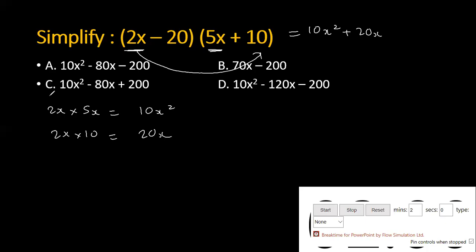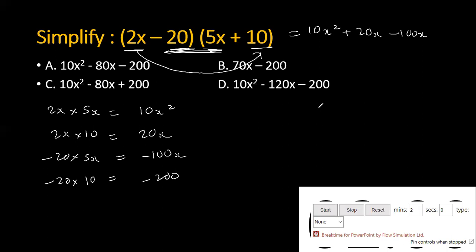Now I, the inner terms. So here it is negative 20 times 5x would be nothing but negative 100x. So I'll write negative 100x over here. And L, the last terms, negative 20 times 10 would be nothing but negative 200. Now, what do we get?